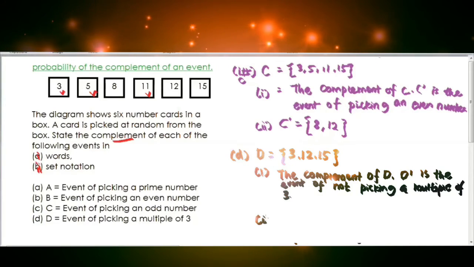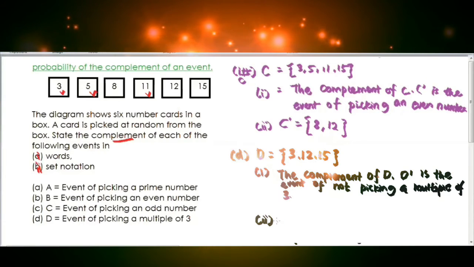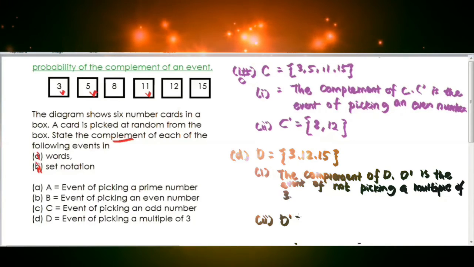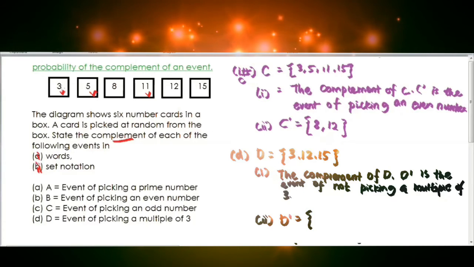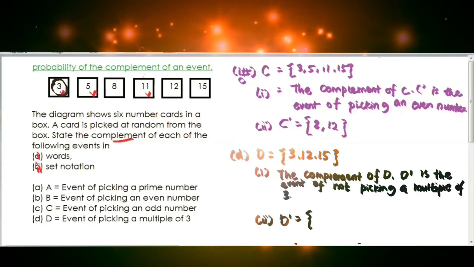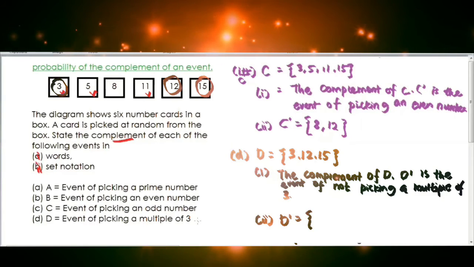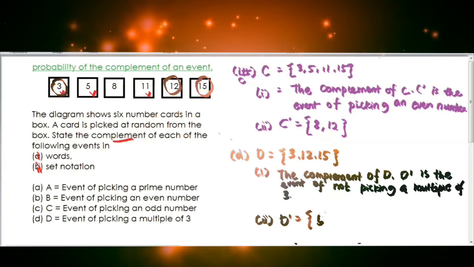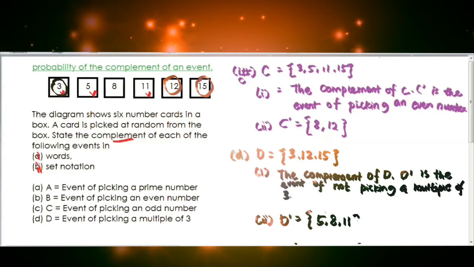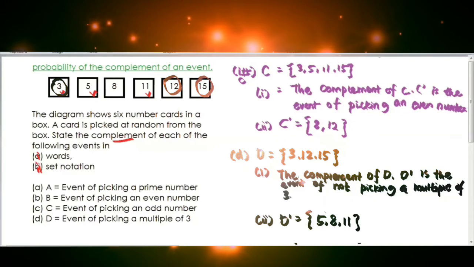Then we write the answer in notation. Which is the complement of D? We know our sample says 3, 12, and 15 are multiples of 3, so the complement is 5 and 11. It's called the complement.